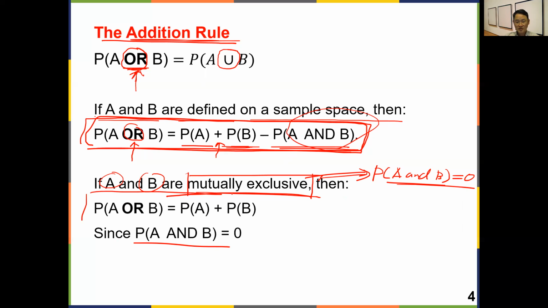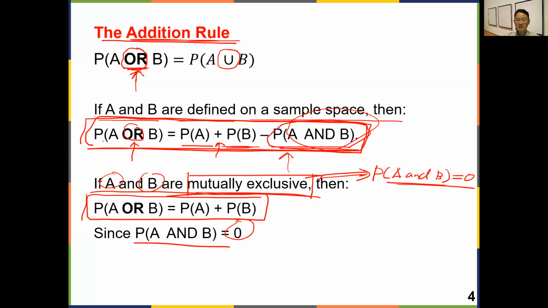So you have this separate formula here for mutually exclusive, but you can still use the previous formula. It's just that this part is going to be 0, because if they are mutually exclusive, the probability of A and B is 0.